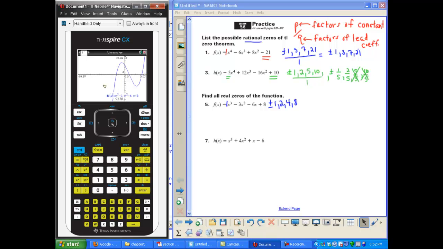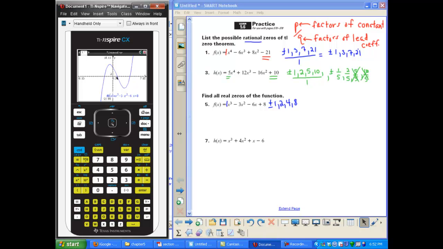So we actually go to graph this, and if you just look at the graph, you can sort of guess where you think it's crossing. I think with a scale of 0.5, it looks like it's crossing at 1. Maybe it's crossing at 4. And I think it's crossing at -2.